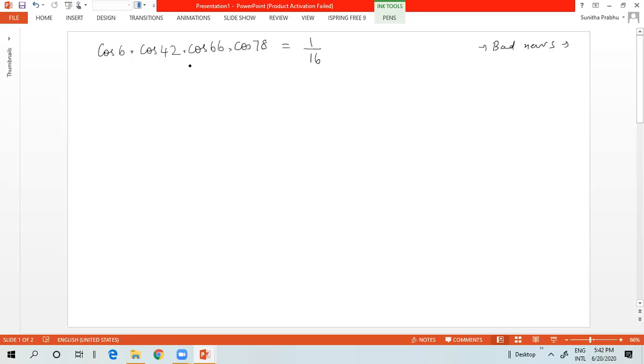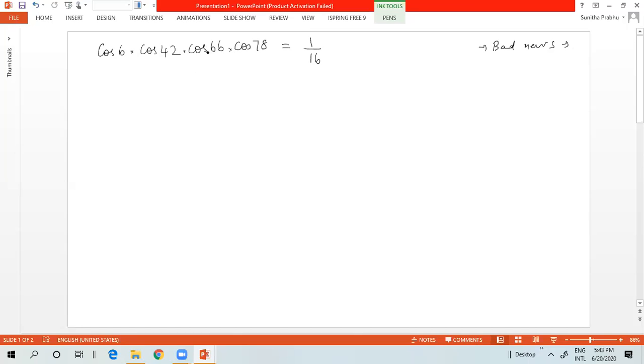What can we do now? No standard values are there. What shall we do? You could take the cos A minus B, cos A plus B formulas. No, that we cannot use here. Okay, because you want to take these two as a product and try that way.